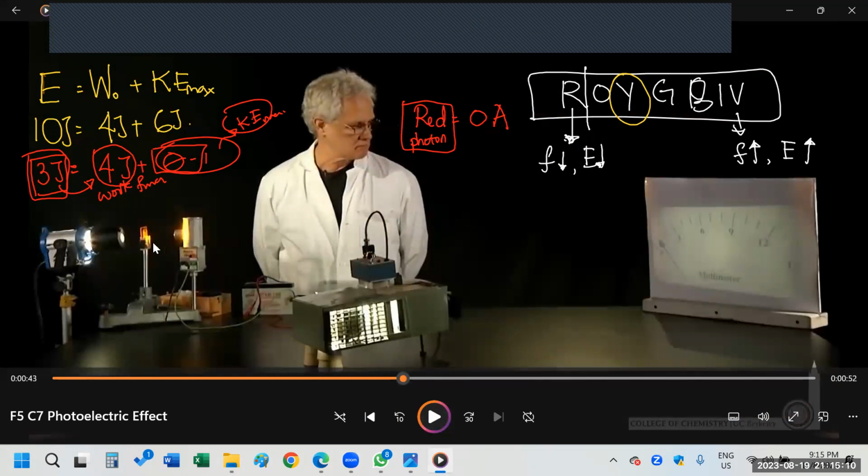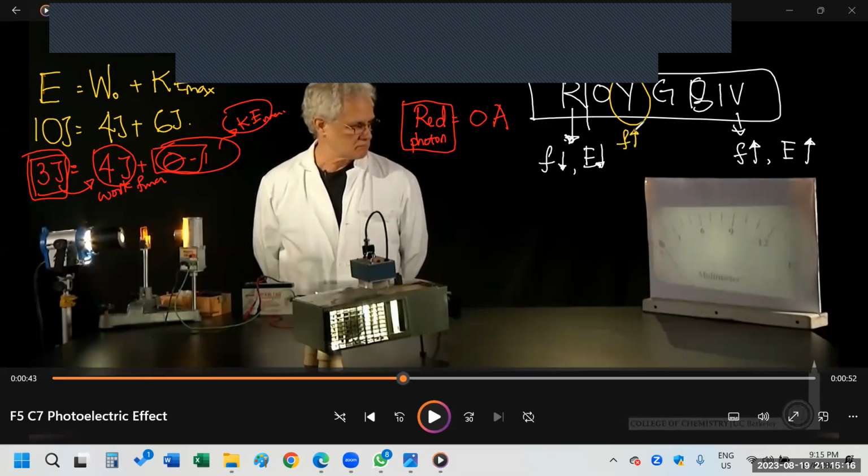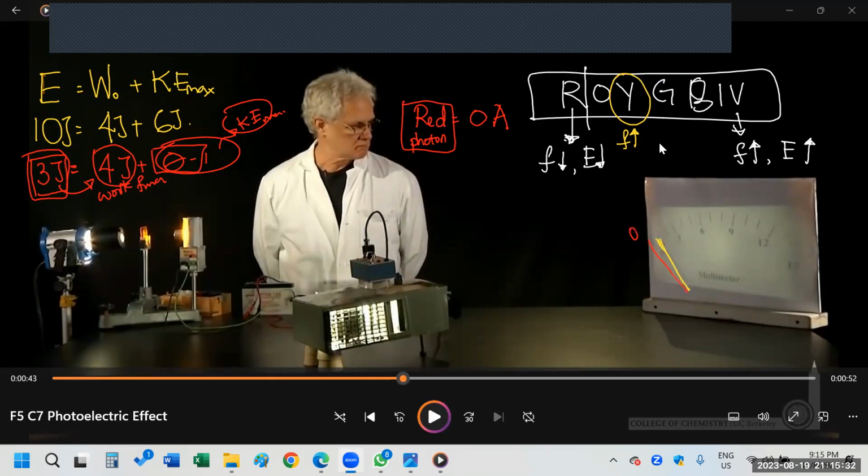Now yellow is enough. The frequency is high enough to eject the photoelectron. You can see here, there is some reading. Then red, no, red is 0. Okay, and let's see if we increase the frequency, means we change to a different light.